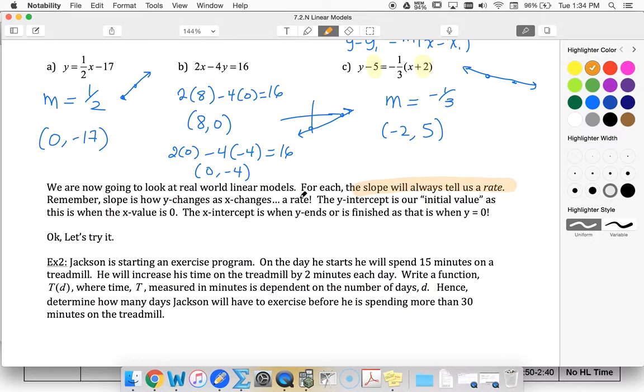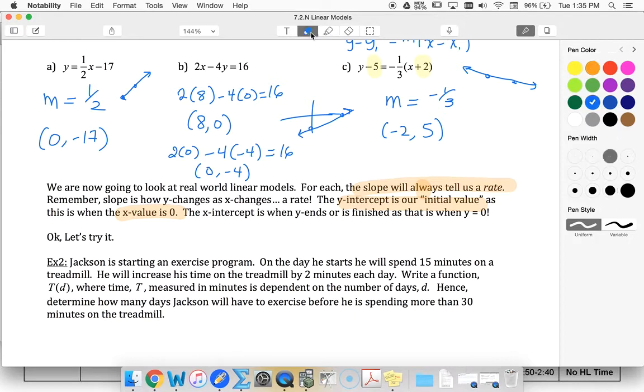We also have in a line, if we've got a line in slope-intercept form, our y-intercept is the starting value. So we've got a y-intercept is our initial value. That's when x is 0. The x-intercept, when y is equal to 0, that's when whatever we're measuring with our rate is finished or ends.